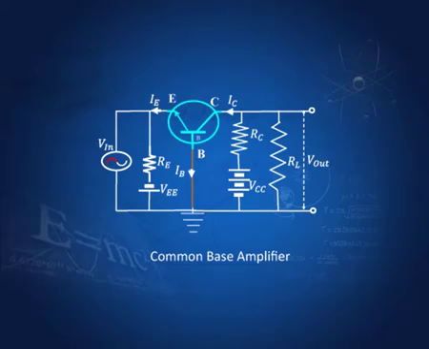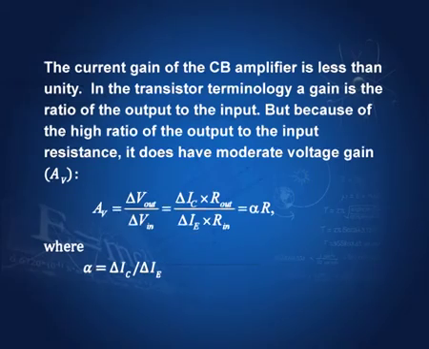So, by impedance matching we effect the most efficient power transfer, and that is the use of this common base amplifier. As I said, voltage gain AV is delta V out by delta V in, and this can be written as delta IC, that is output current, times the output resistance, over the input current times the input resistance, and this delta IC by delta IE is called alpha.